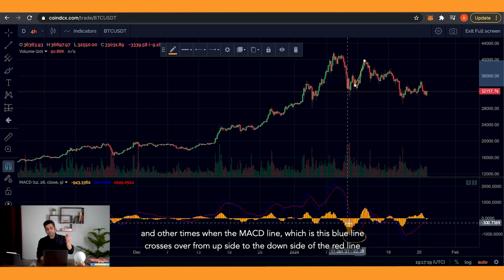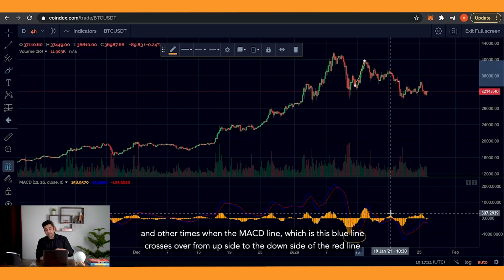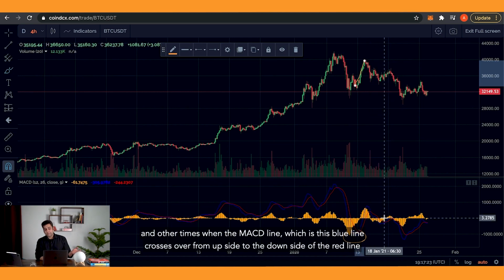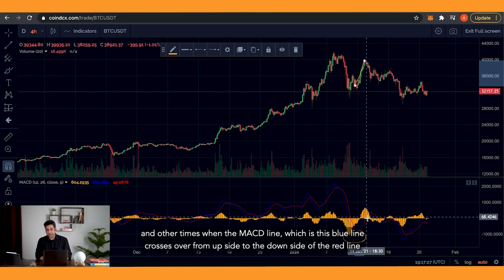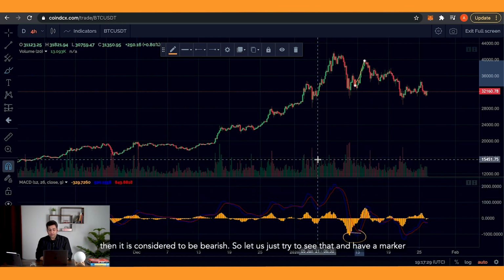And the other times when the MACD line, this blue line, crosses from the upside to the downside of the red line, then it's considered to be bearish.